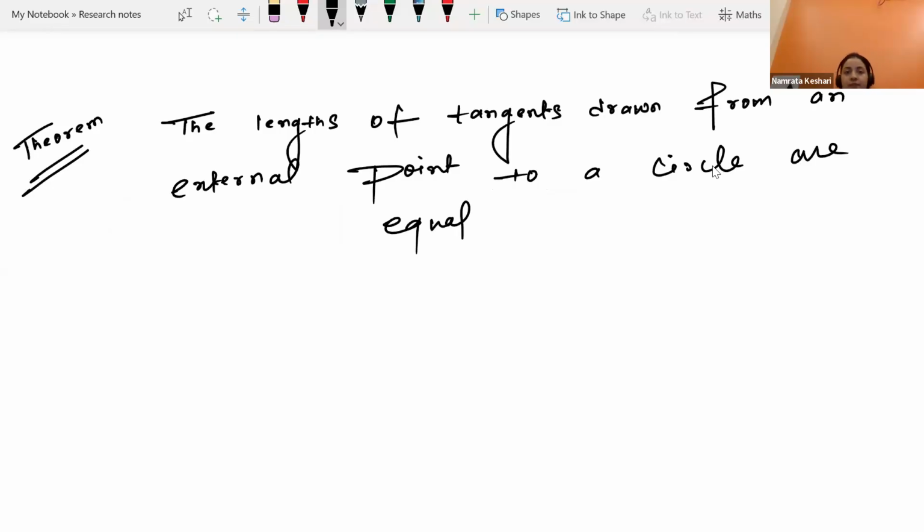According to this theorem, if we are having an external point P, and through this point, if we are drawing the tangent, which is only maximum two tangents we can draw, both the tangents will be of the same length. Yes, it will be of the same length.